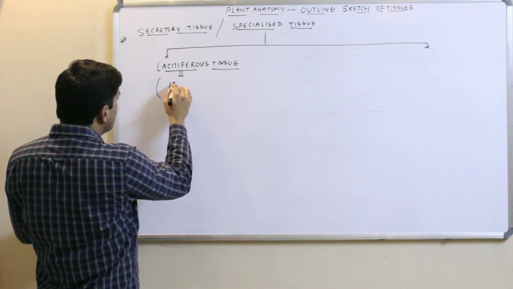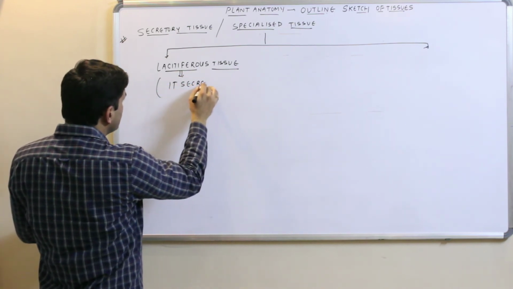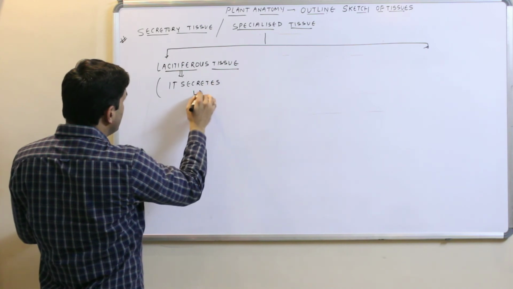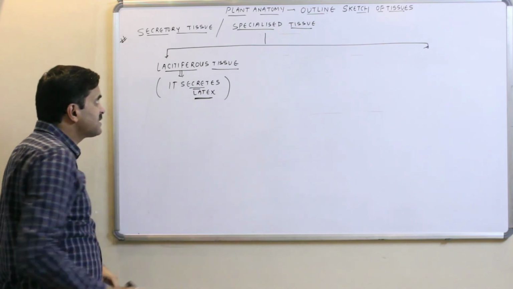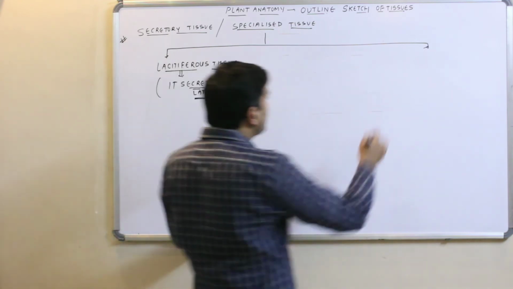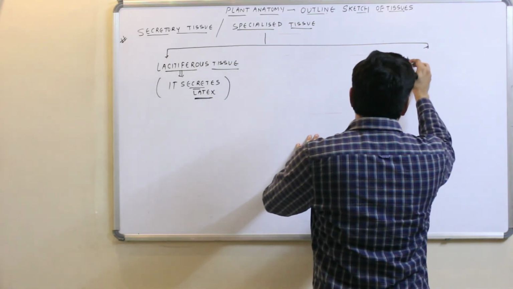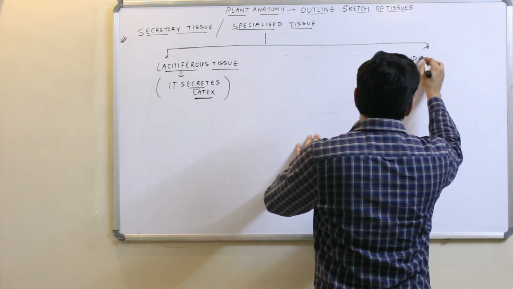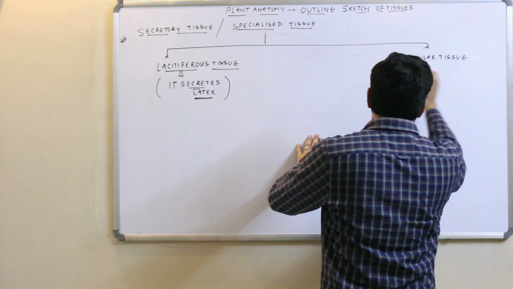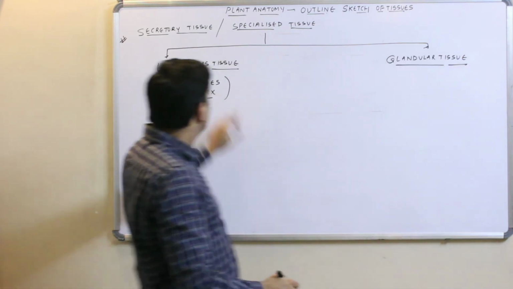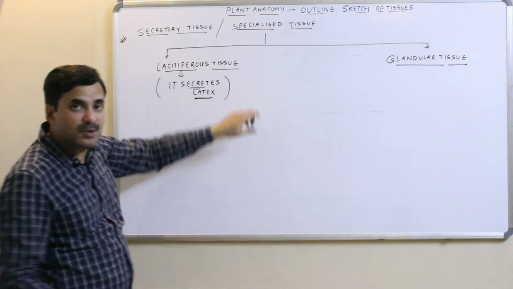Because it secretes latex. And the other one is known as glandular tissue. The other secretory tissue is called the glandular tissue.